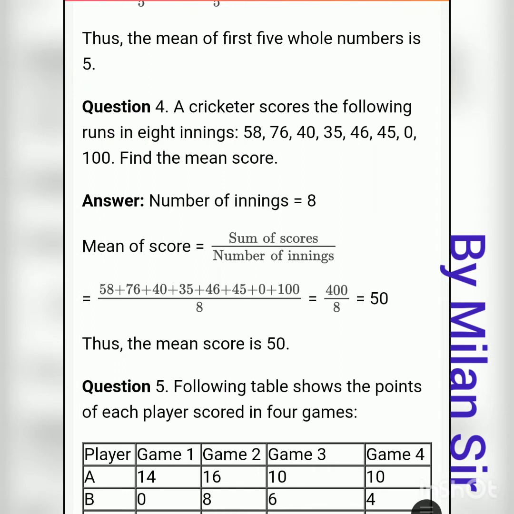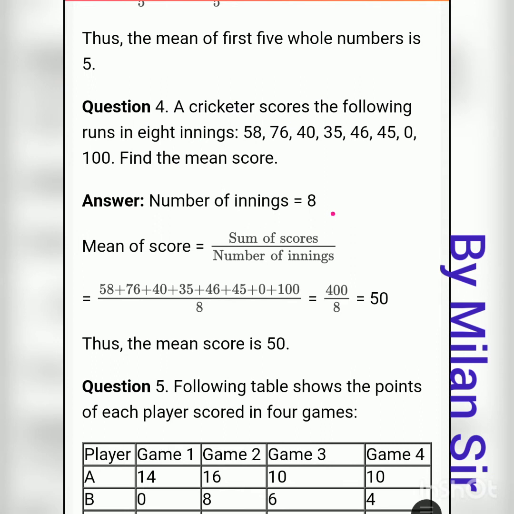It is already given to you: total 8 innings are there, so total 8 numbers are there. Otherwise we can count even 1, 2, 3, 4, 5, 6, 7, 8. So in the denominator we need to write 8.